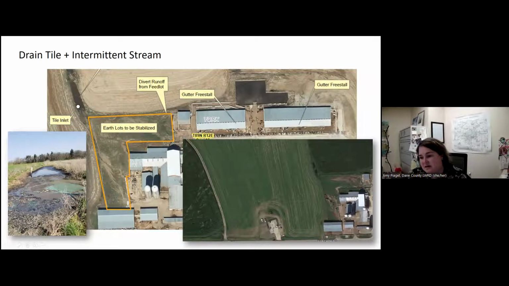So in this case, it's not obvious that there was a connection between this farm and an intermittent stream or a stream in any case. We had to do some investigation work in order to make a determination as to where this ponded water was actually flowing to. So it's, in this case, flowing through a drain tile, which is a pipe in essence, and then discharged into the intermittent stream.